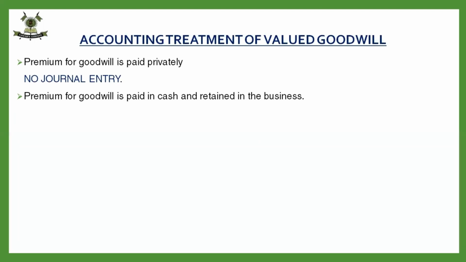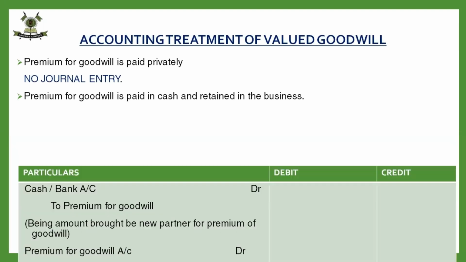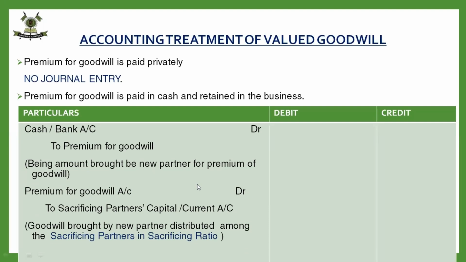Yes, children, what is the journal entry for capital brought in by partners? What is the journal entry for bringing cash or bringing capital? It is cash account debited to capital. And if in addition to capital, a partner is bringing premium for goodwill, then the entry will be cash account debited to premium for goodwill.